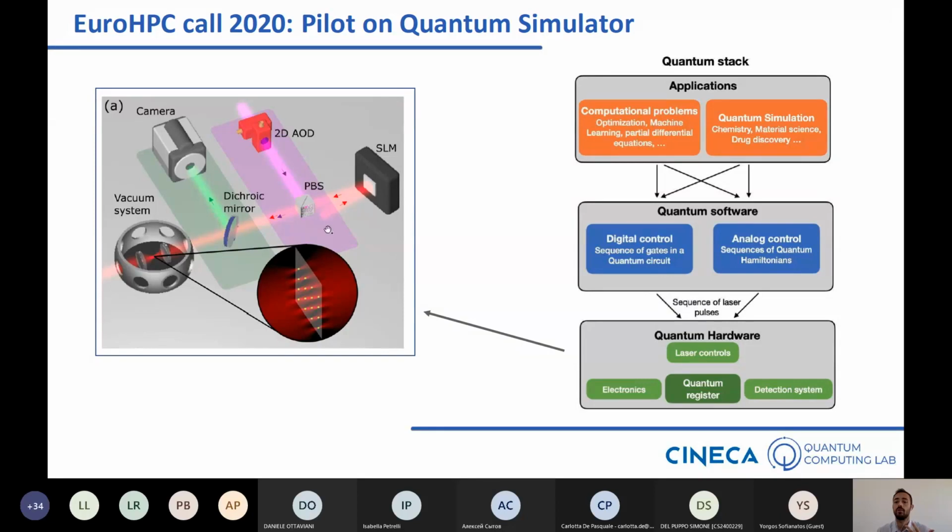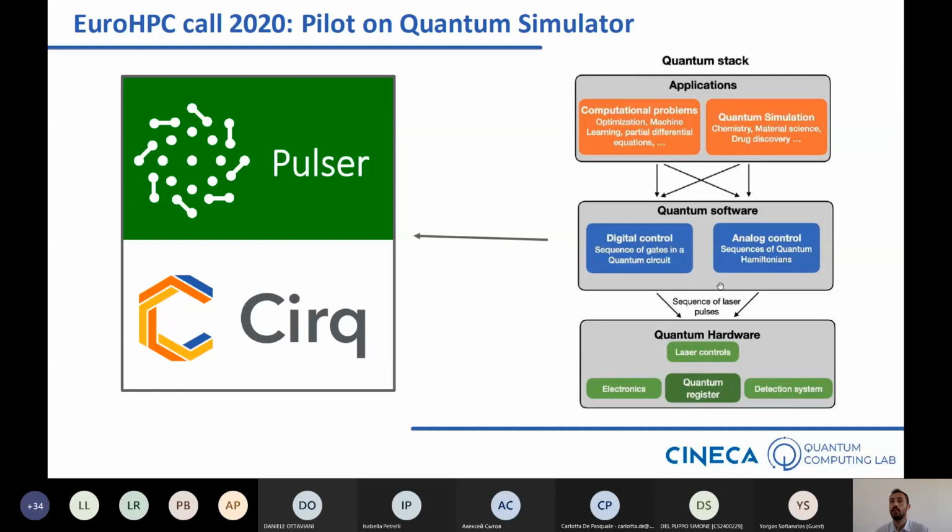That's analog programming, which means you modify the laser pulses that control your system in order to modify its Hamiltonian, the function associated with the energy, with the evolution of your quantum system. You can perform computation in this analog way just by looking at the lasers.